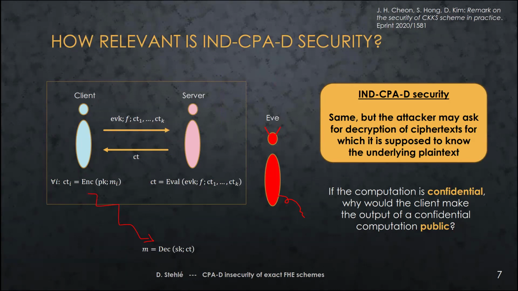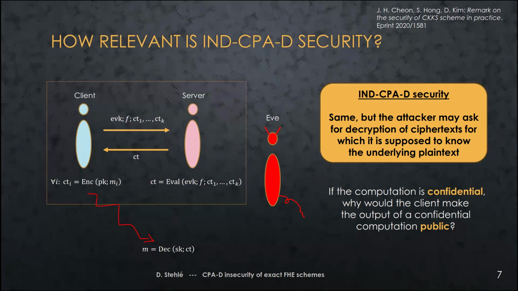One of the use cases of FHE is that you want to externalize a computation while preserving confidentiality. So in particular, you are encrypting the data on which you are computing. If you do this and the client receives the result, then why would the client make the output of the confidential computation public?